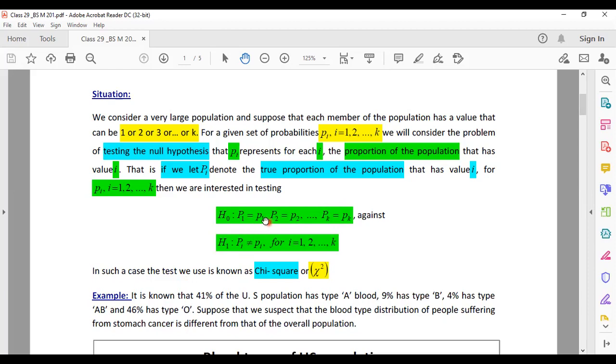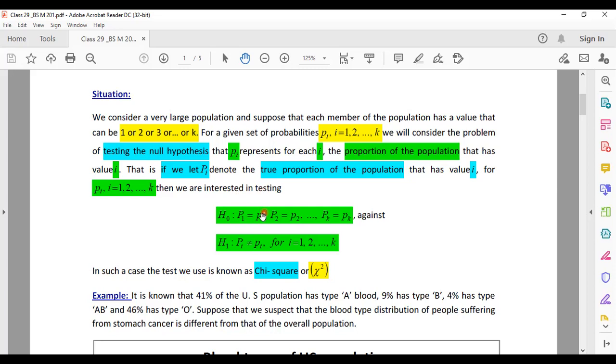If you try to recall, in the Z test of single proportion we used a single proportion, and in two-population theory we used the difference of population proportions. Here we are actually going to test the multivariable type of case.